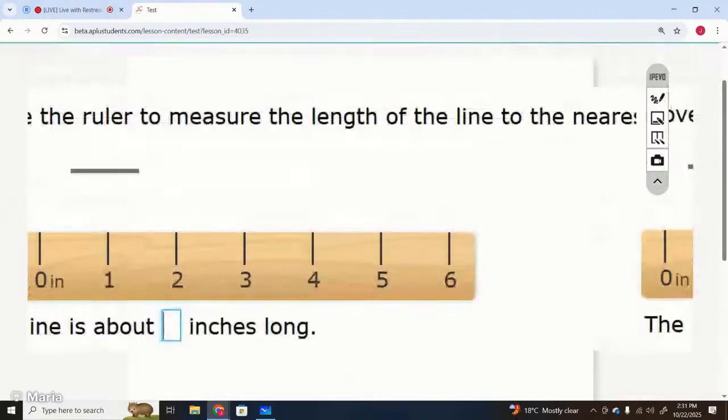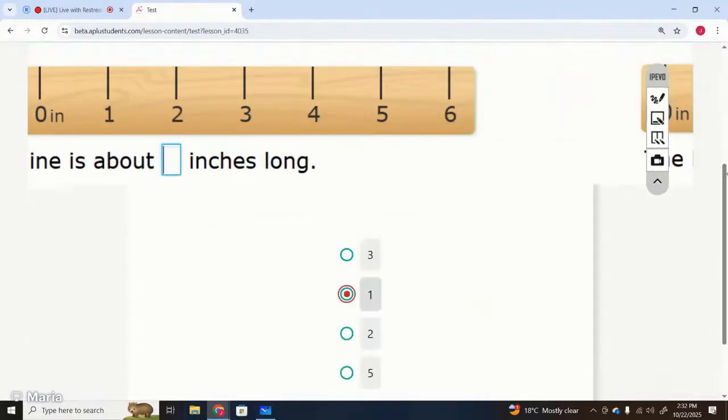Use the ruler to measure the length of the line to the nearest inch. The correct option is 1 inch long.